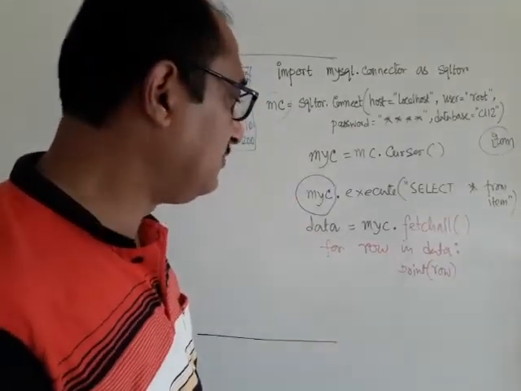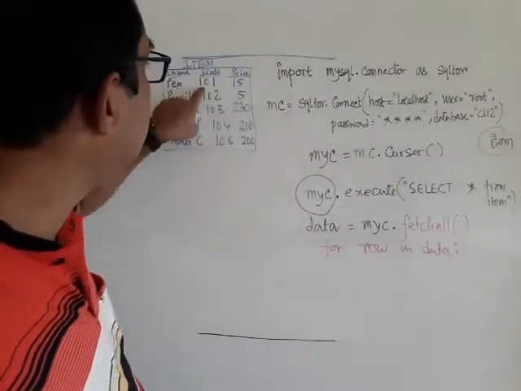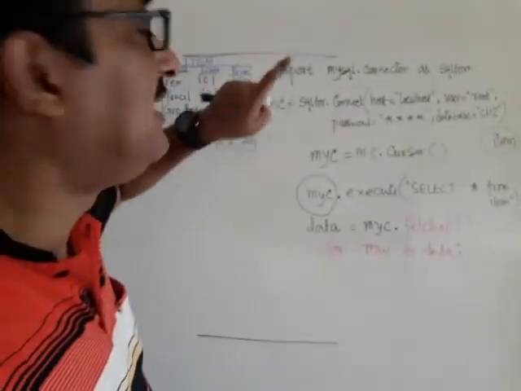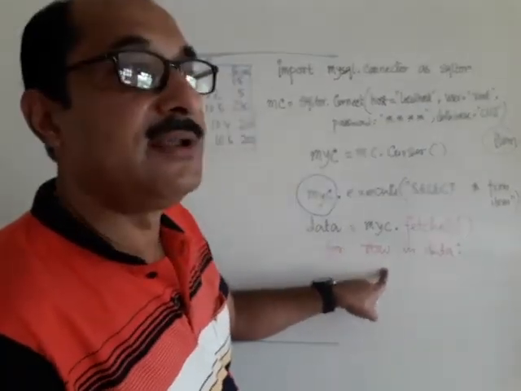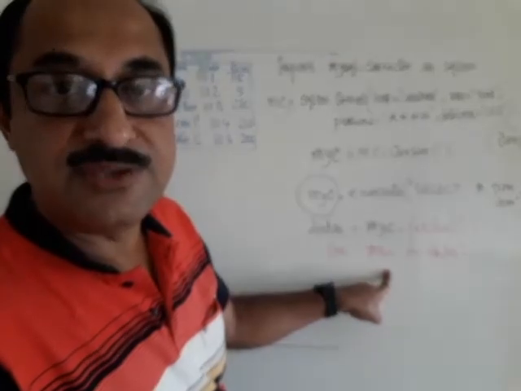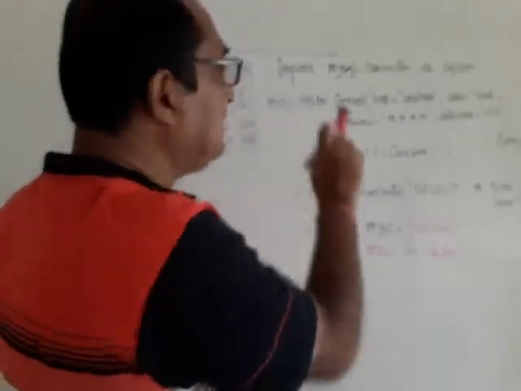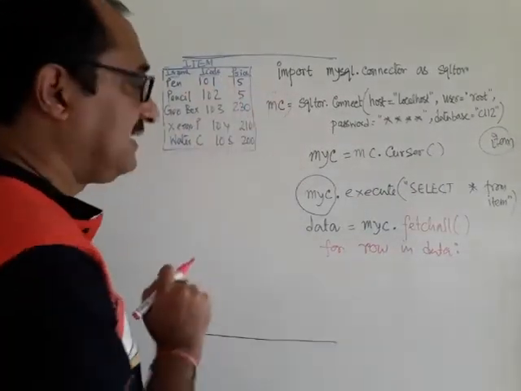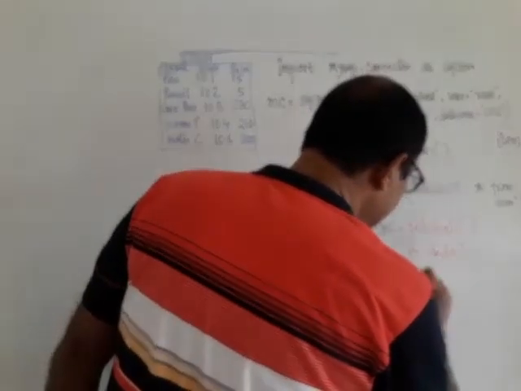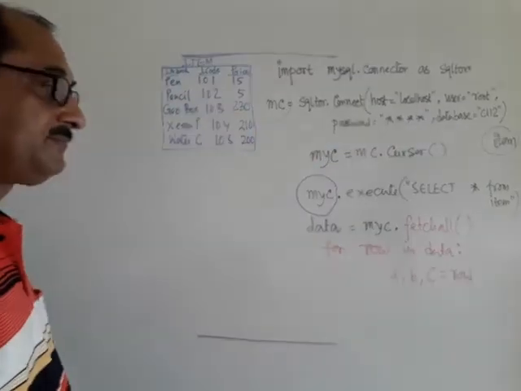Or one more thing we can do. If we don't want to print this way, say in a row I have 3 values because data are added into 3 fields, and I want access to individual data, then we can use a concept called unpacking of tuples. You have done that in class 11. Unpacking of tuples means if a tuple is made up of 3 items, like in our case, where every tuple is made up of 3 items, you take 3 variables like this and write the name of the tuple.